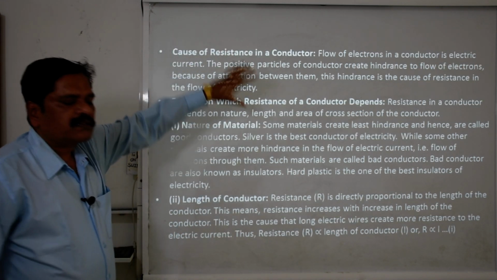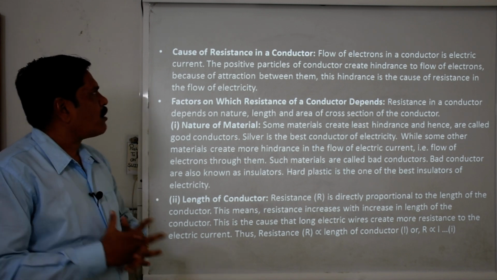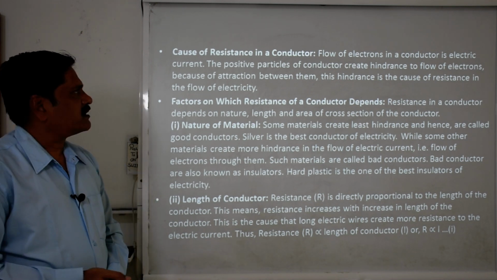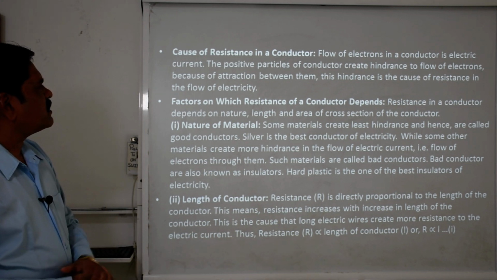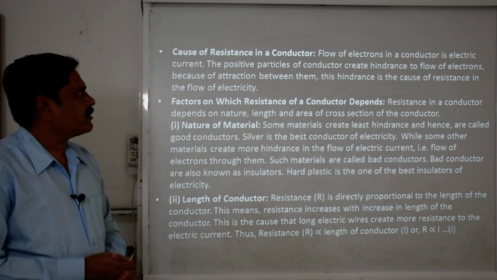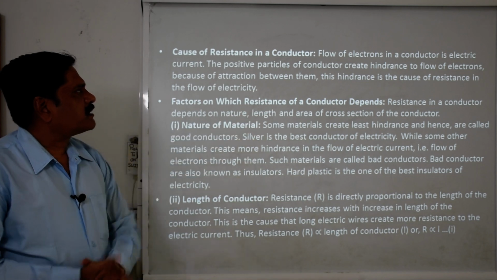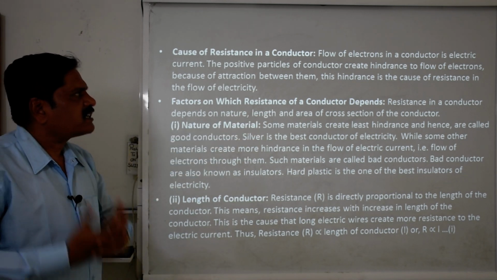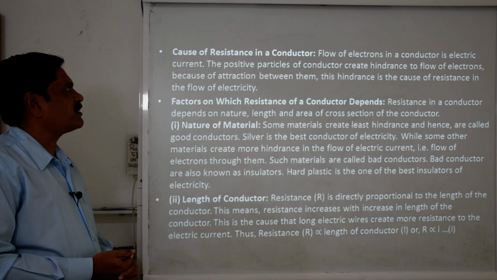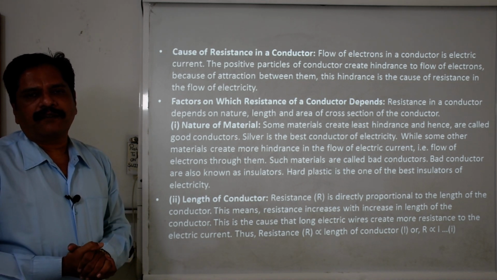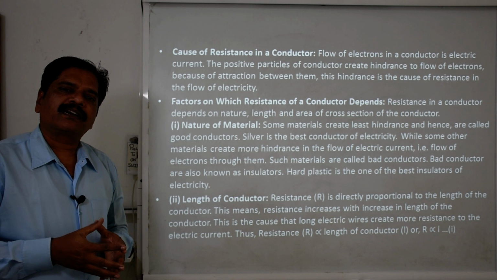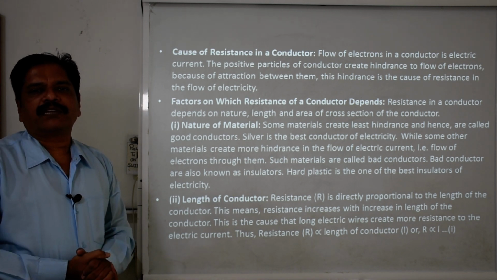Now let's learn what the cause of resistance in the conductor is. Know that the flow of electrons in a conductor is electric current, a free flow. The positive particles of the conductor create hindrance to the flow of electrons because of attraction. You know that protons are positively charged and electrons are negatively charged, and electric current is the free flow of negatively charged particles.